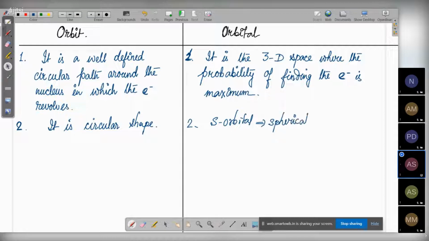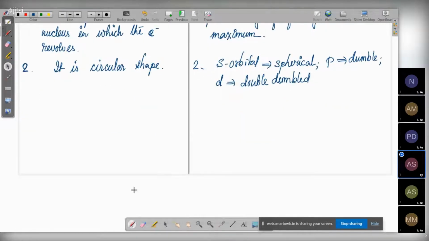Their shape changes. P is dumbbell, whereas the d is double dumbbell. As you can see, the shape of the orbital is not fixed for everyone, it is slightly different for every orbital.